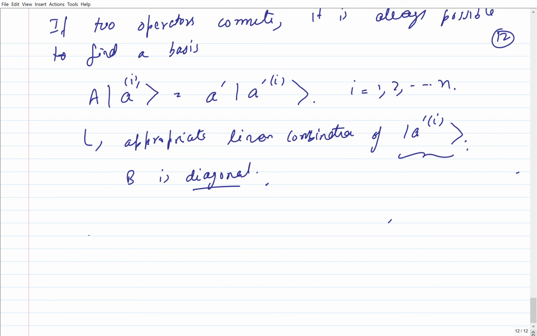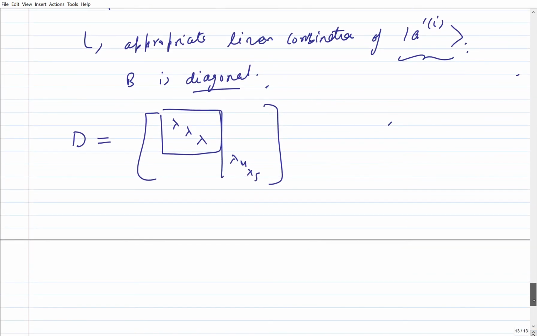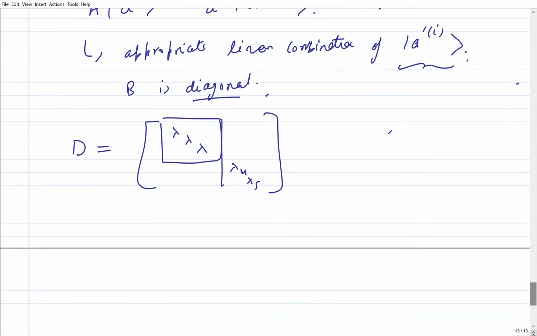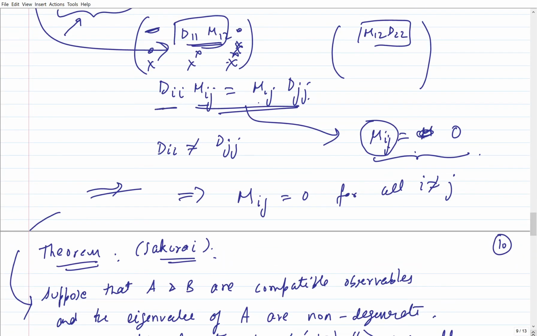Which is to say that my matrix A, when diagonal, becomes lambda, lambda, something like this, and then I have distinct eigenvalues, lambda 4, lambda 5, and so on. And how does my matrix B look in this particular basis? Remember, I was dealing with D, the diagonal matrix, now with some eigenvalues which are the same, and M. What happens to the other matrix?